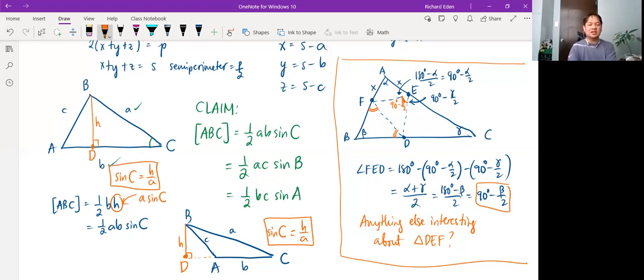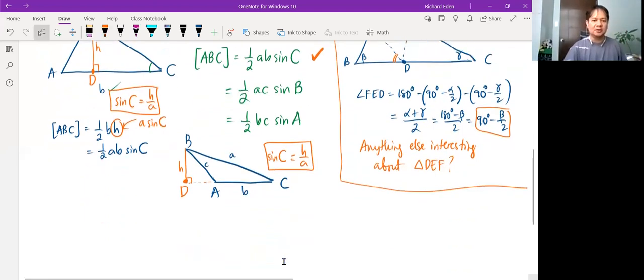So sine of C is h over a, and in both illustrations, the area is still 1/2 base times height. So this shows that yes, ABC is equal to 1/2 AB times sine of C, the first formula. And the same argument shows that we should also be able to compute that as half of AC times sine of B, also half of BC times the sine of A.